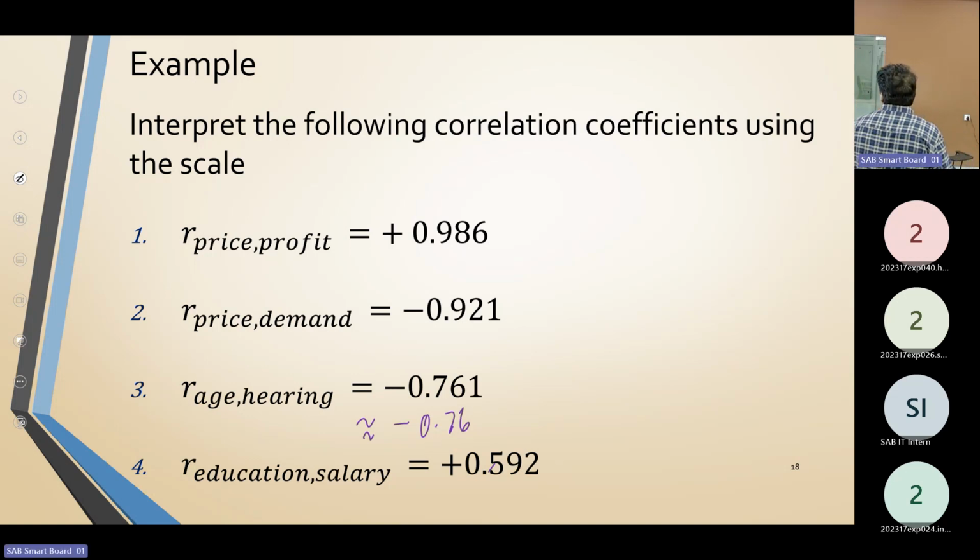The last one. R value between education and salary: plus 0.592. If you approximate to 2 decimal places, it is 0.59.